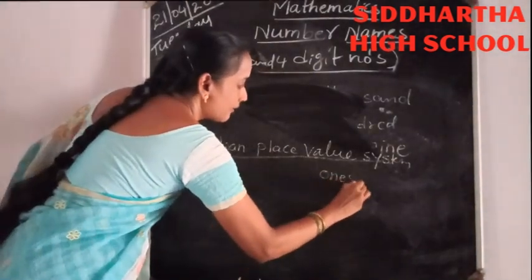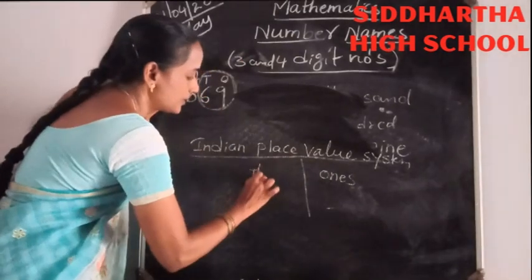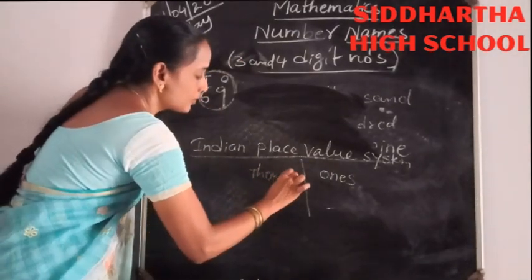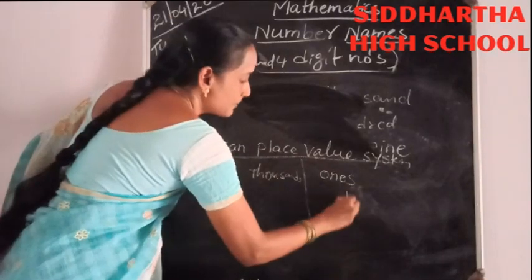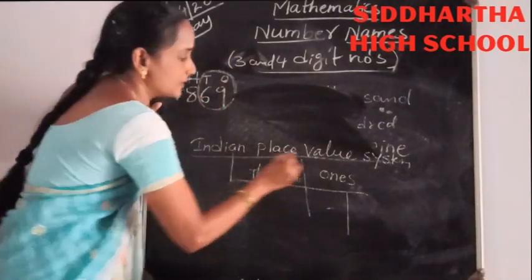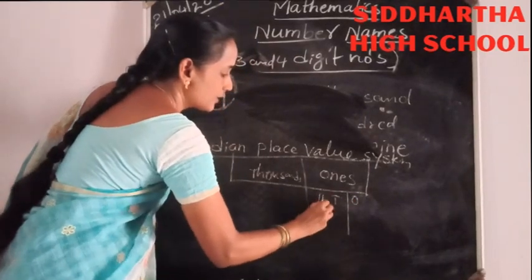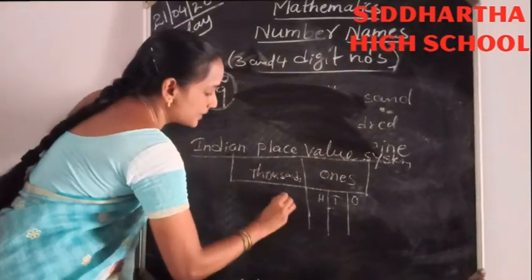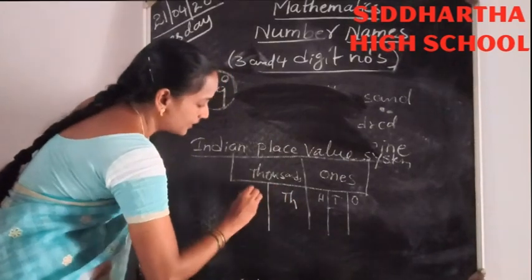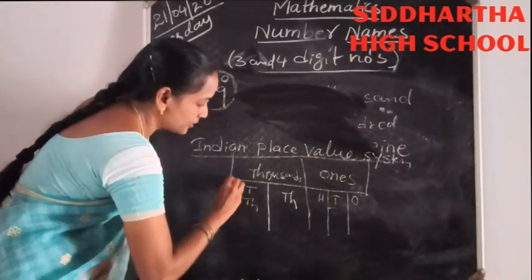This is the ones period. This is the thousands period. Ones period has 3 places: ones, tens, hundreds. Thousands period has thousands and 10,000s.